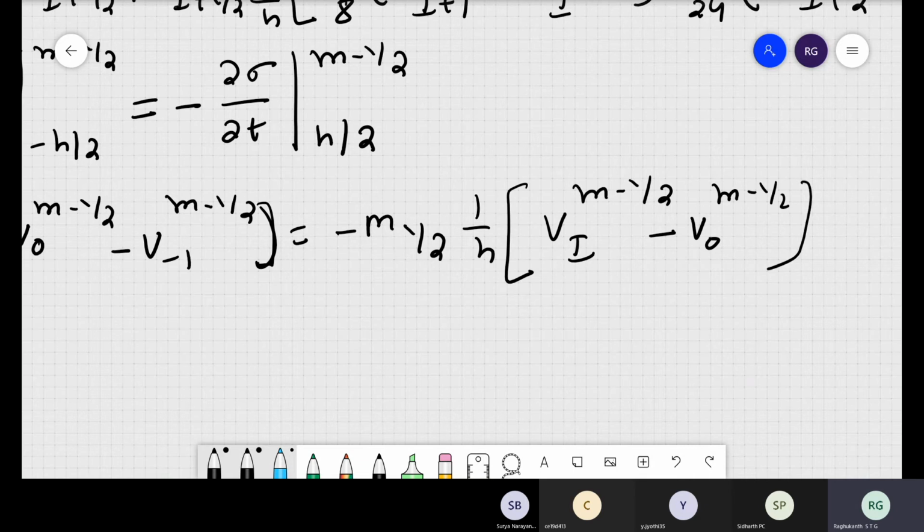So we write our stress imaging equations, okay, in one dimension here.